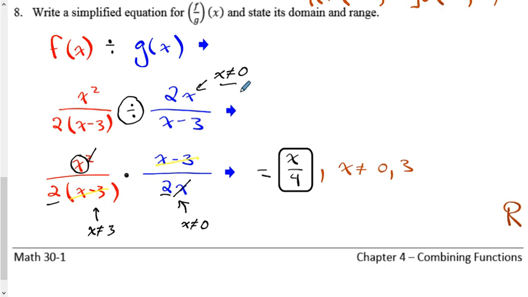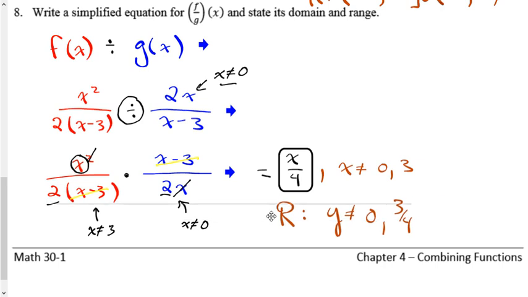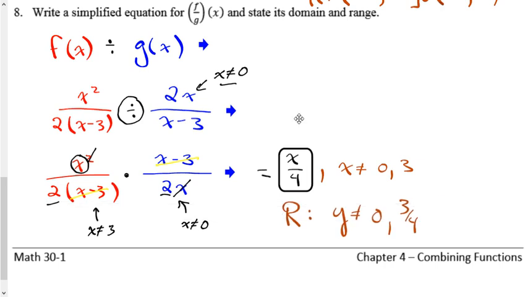And so our range, again, we'll need to look at the function. Here, this is going to look like a line, but there are two x values that don't exist. So there are going to be two y values that don't exist as well. Again, where do those y values come from? Well, if x is equal to 0, then y is equal to 0 over 4, which is 0.